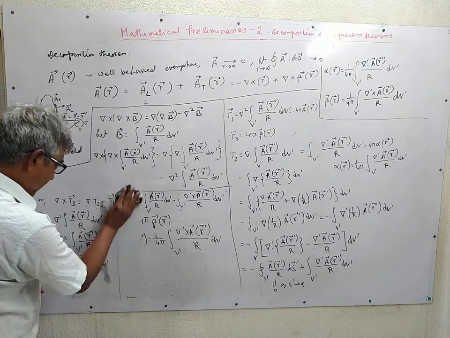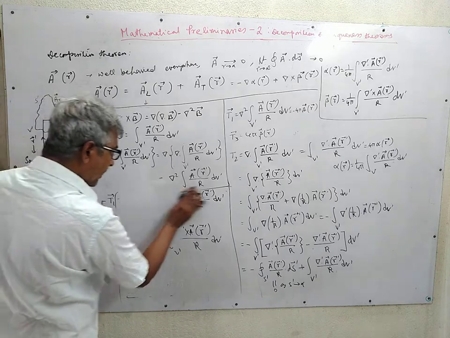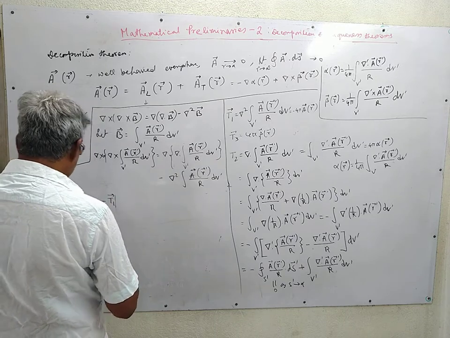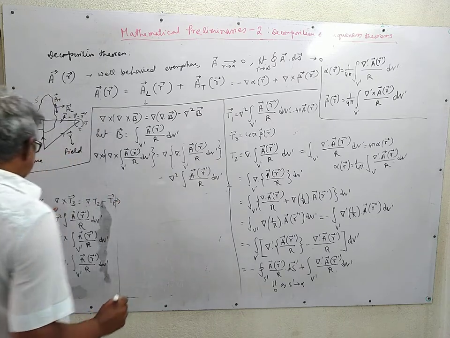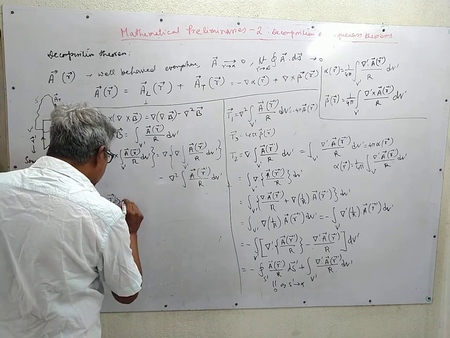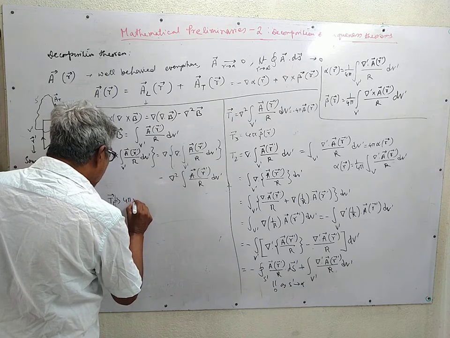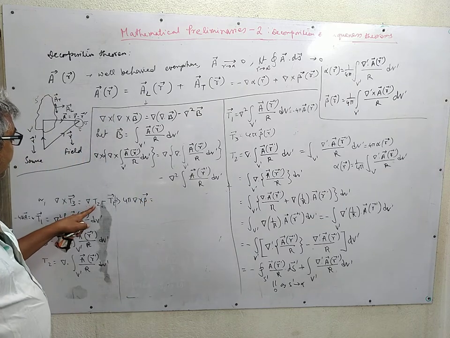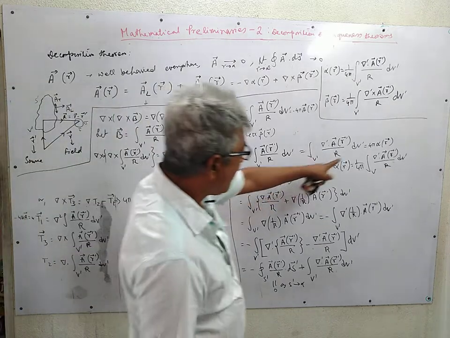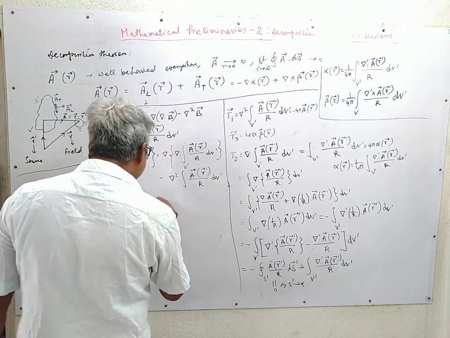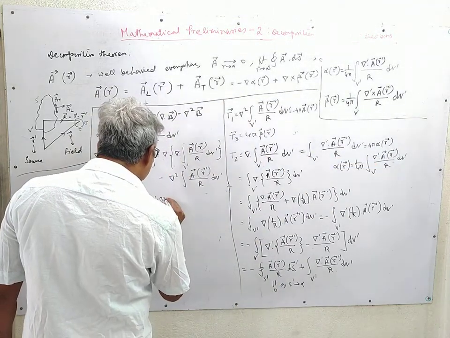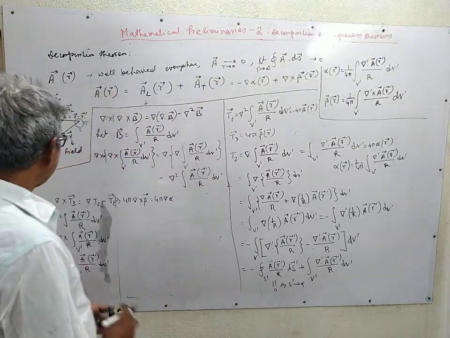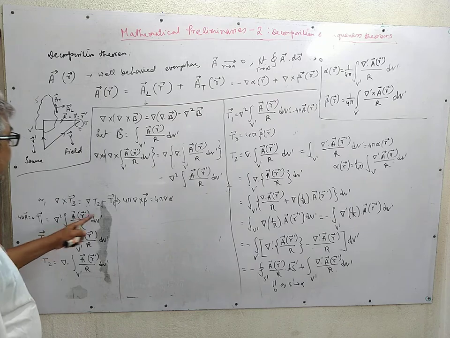Now let us write the term one by one. This relation gives curl of T3, so 4 pi curl of beta is equal to T2. T2 is 4 pi grad of alpha, and coming to minus T1.